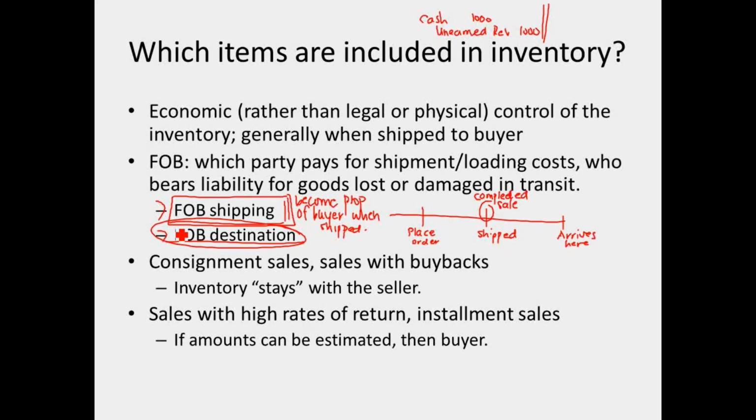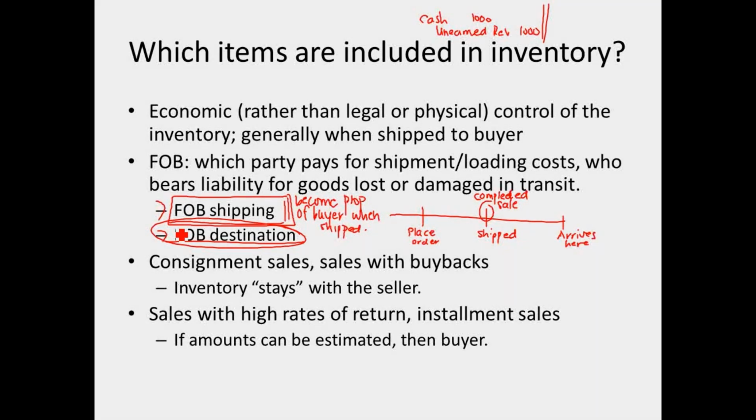If I have it FOB destination, I can't technically sell products that I don't own, but if I own the product, I can sell it to them and record the revenue. If I don't own the product, I have to wait until the next period to record the revenue. So it sort of depends. It's not 100% obvious. But the point is, somebody's going to be insuring this, whether it's me or you, and somebody's going to be paying for that.